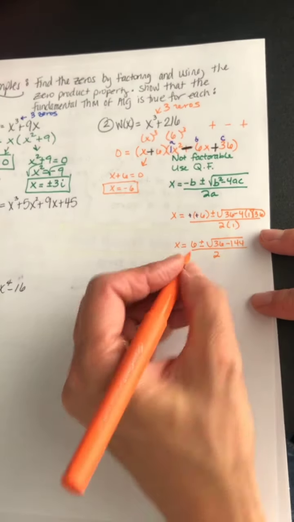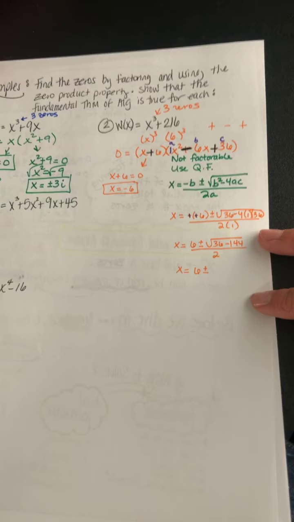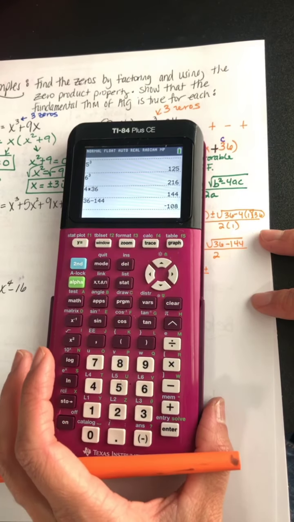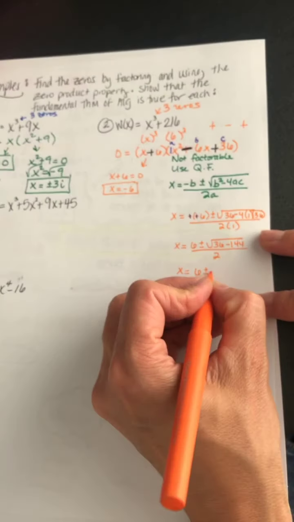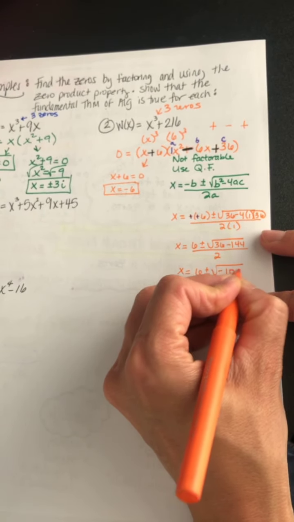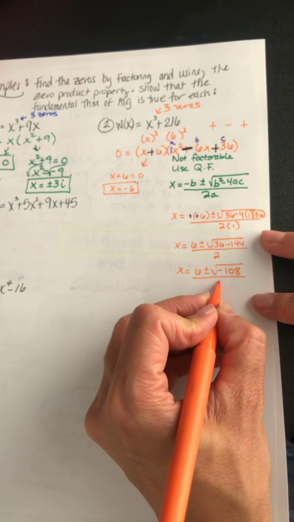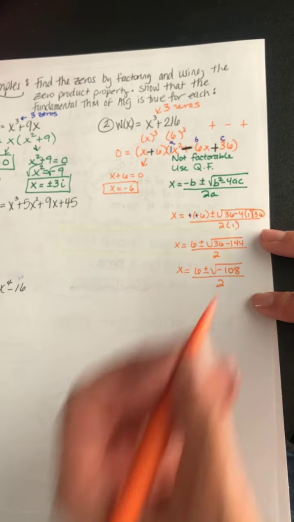Okay, so I have x equals 6 plus or minus, what's 36 minus 144? Negative 108. Okay, all over 2.